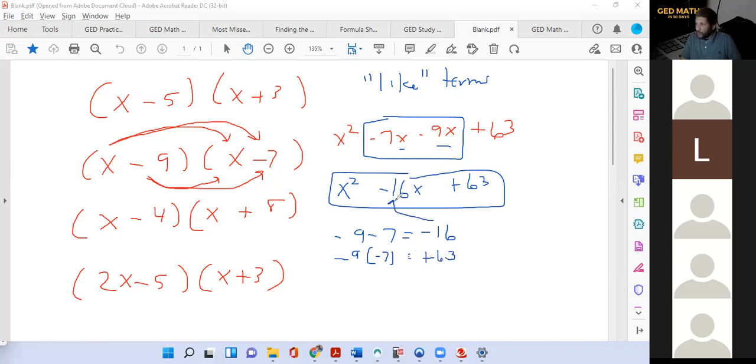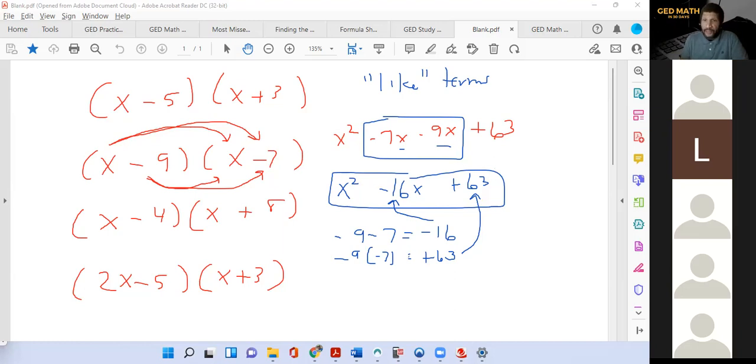Now we know, bam and bam. So that's a quick way to identify how to multiply binomials, especially when the coefficient of the variables is 1. It will not work when your coefficient is more than 1.